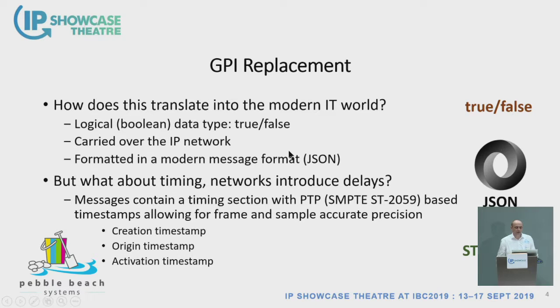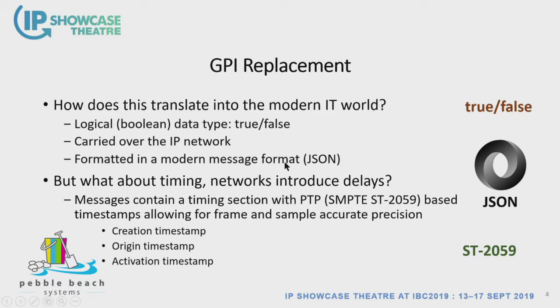Now, one of the common questions that I get asked is, with physical GPIs, when a voltage appears on the source, it will be at the receiver almost instantaneously, while with networks, you could have unpredictable delays. So what about timing?